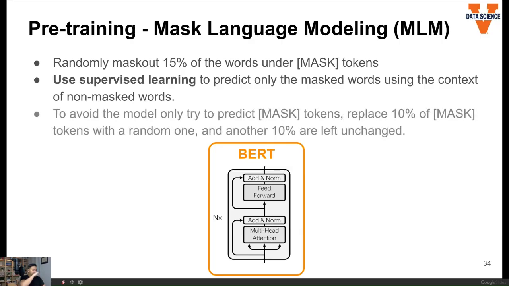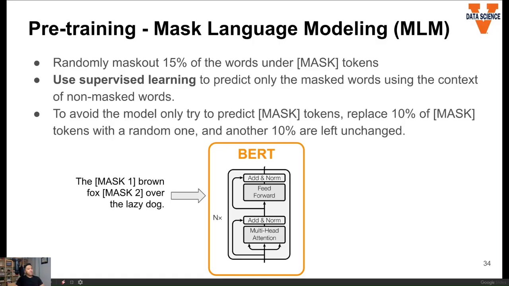So an example would be that you are given a sentence with some words masked out, and BERT is trained to predict these masked out words, right? And they have a technique to avoid the model only trying to predict the mask token, by having 10% of the total masked tokens replaced with a random one, while the other 10% are left unchanged, which are the original words. So as a result, it was able to predict some masked words.